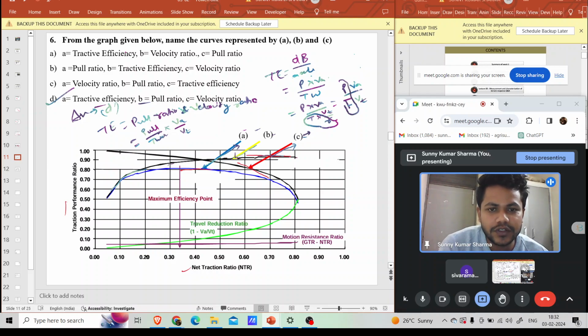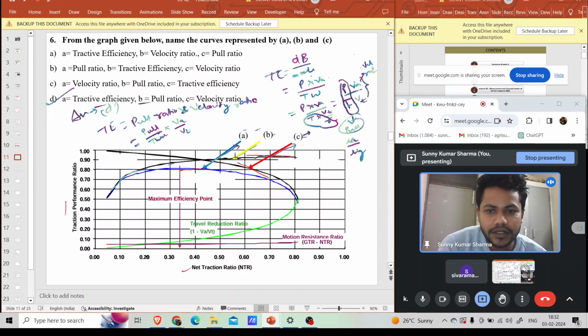This P by F is called pull ratio. This V by VT is called velocity ratio. This pull ratio can also be denoted by mu n by mu g, where mu n is the net traction coefficient and mu g is the gross traction coefficient.